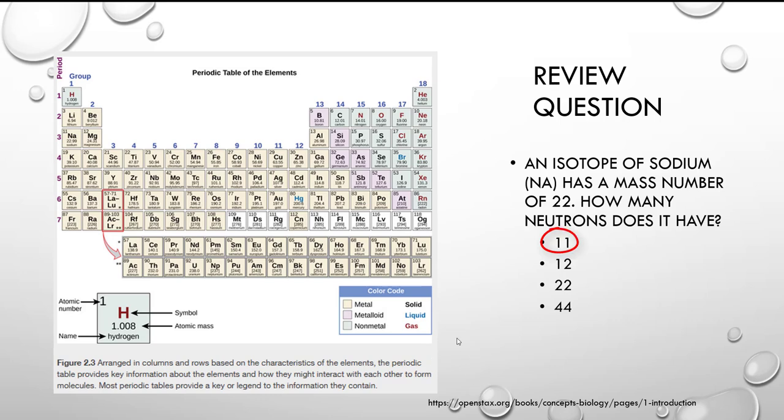So how did we figure that out? So we had to look up the atomic number for sodium. So here's sodium. Its atomic number is 11. So if its atomic number is 11, we know the number of protons. So 22 minus 11 is 11.